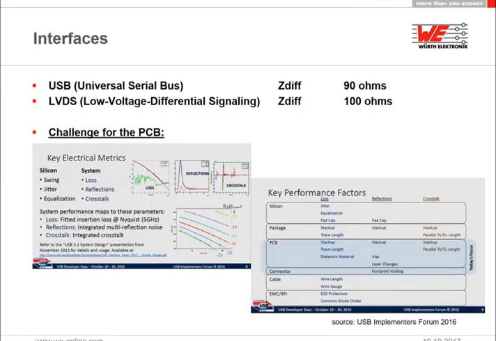The electrical specification for Universal Serial Bus is that we need a differential impedance controlled structure with 90 ohms. Often there are also signals using the LVDS specification. For this we also need a differential structure, but with 100 ohms.